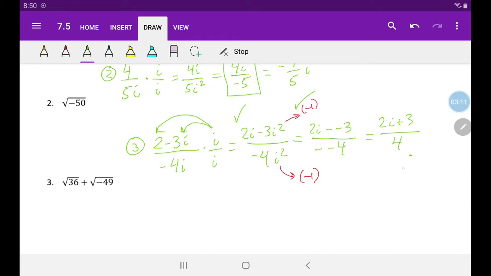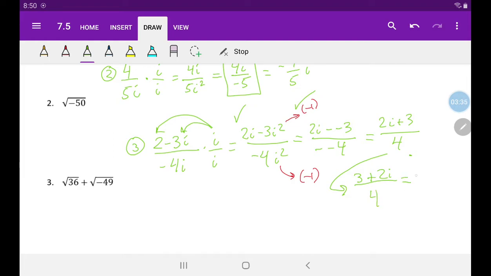Now you can leave it like this as 2i plus 3 over 4, or actually, what you should do is write your real number first. You should write it as 3 plus 2i over 4. You should at least do that. What your textbook likes to do is split things up.